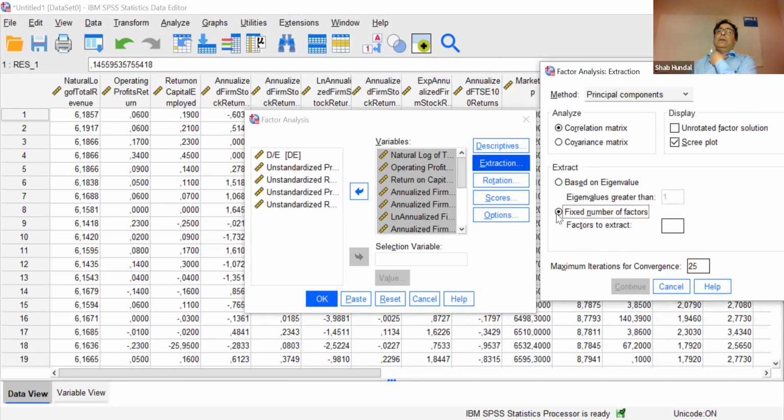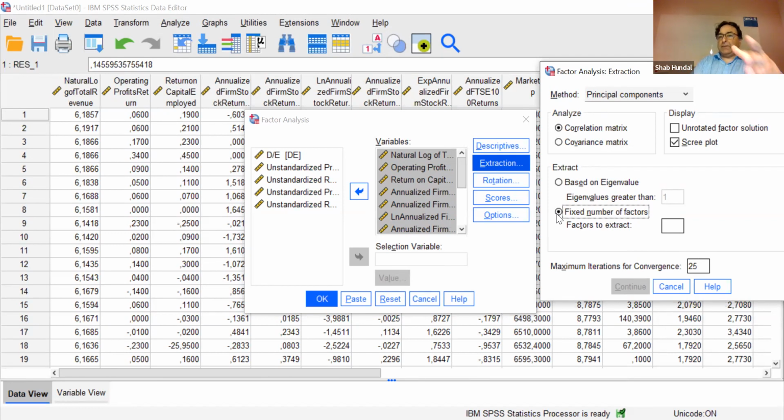So let's say that by looking at the nature of the variables, we find out that we have some accounting performance measures, and then we have some stock market performance measures. And then we have the corporate governance performance measures. You choose in how many categories your variables could be split.